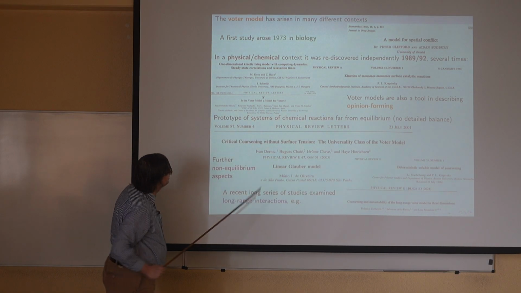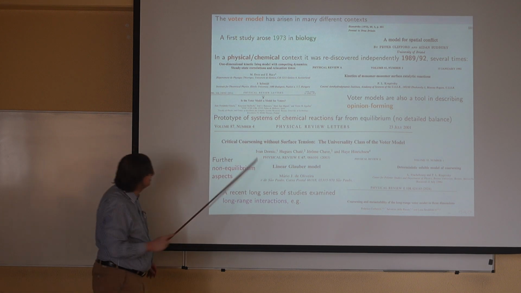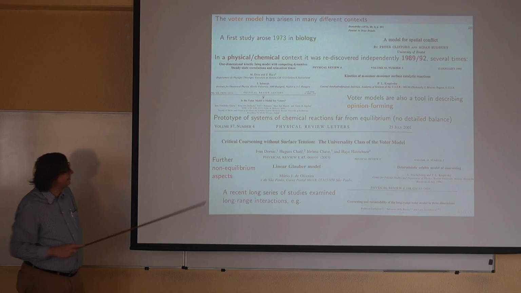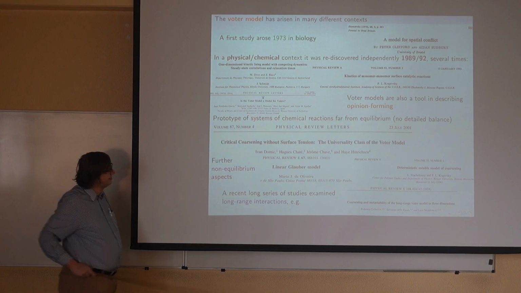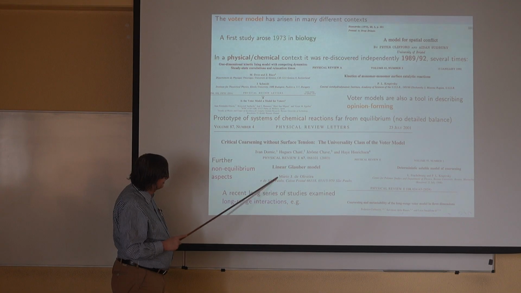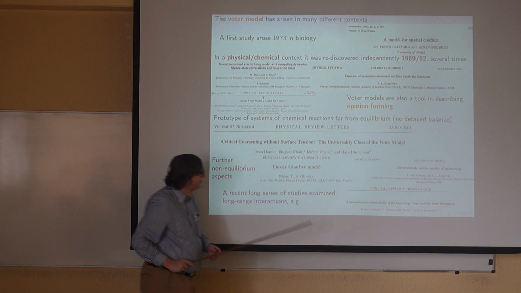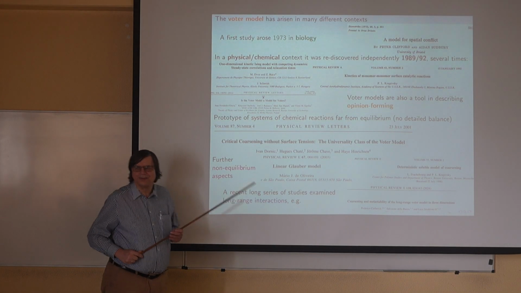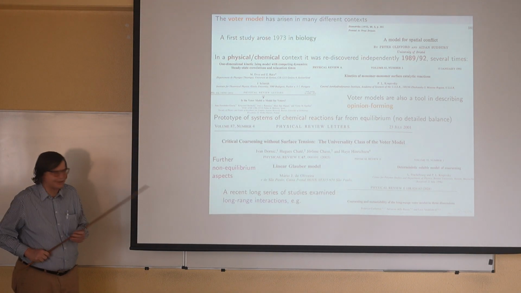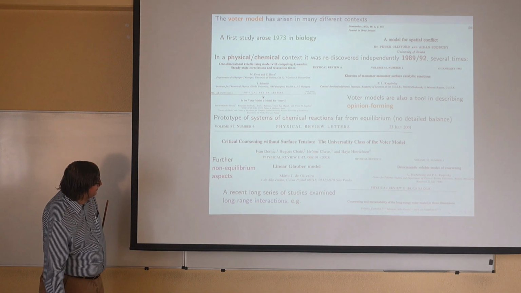It can also be used to describe systems of irreversible chemical reactions far from equilibrium, and actually it is claimed to be a very typical and very paradigmatic example for this. So these colleagues from Paris further studied exactly solvable aspects, Mario de Oliveira, Krapivsky and again, not least, a very recent series of studies of long-range interaction in the Rotor model, which for the work I want to describe here has also been very studied.